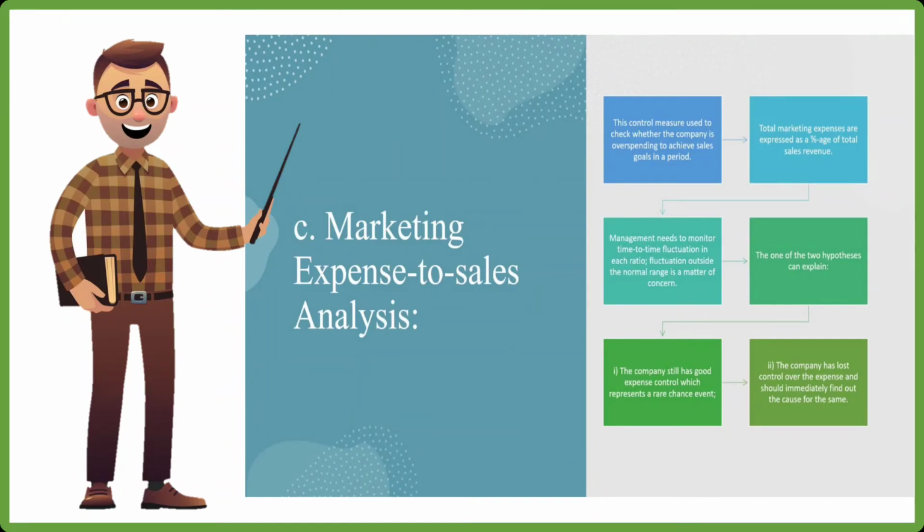Now we'll discuss marketing expense to sales analysis. Annual plan control requires making sure the company isn't overspending to achieve sales goals in a period. The total marketing expenses are expressed as a percentage of total sales revenue.